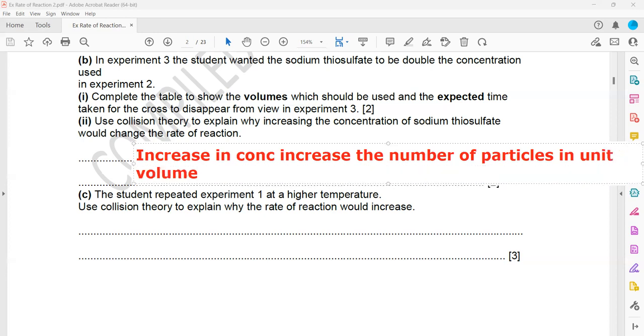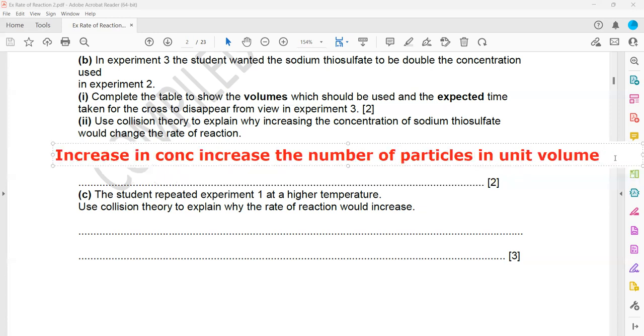That is one thing. What is the second point? Because there will be more particles in a unit volume, they will have more collisions, a greater number of effective collisions. As a result, the reaction will be faster.